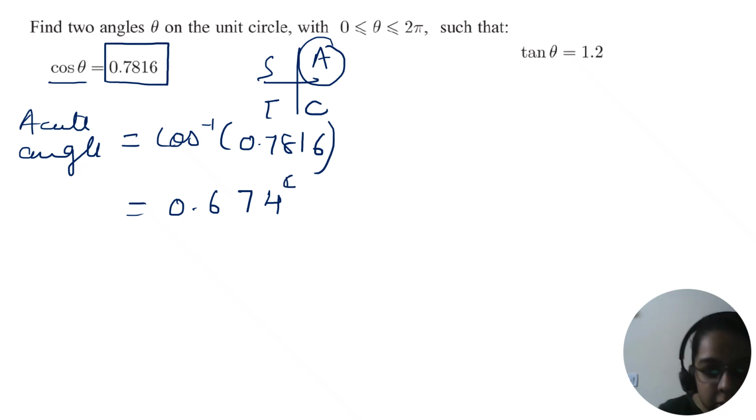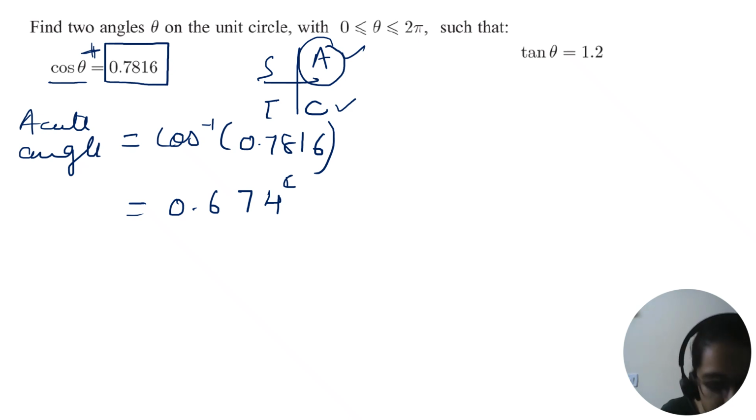Now in which quadrant will my angle lie, that will be decided by cos theta. Cos theta is positive, so my resultant angle will lie in the first and the fourth quadrant, because cos theta is positive in the first and fourth quadrant. When we do cos inverse or sine inverse, the calculator always gives us the value in the first quadrant. That is why we are using acute angles.